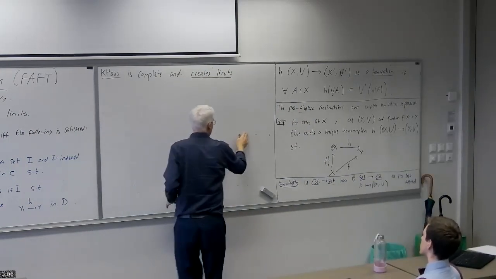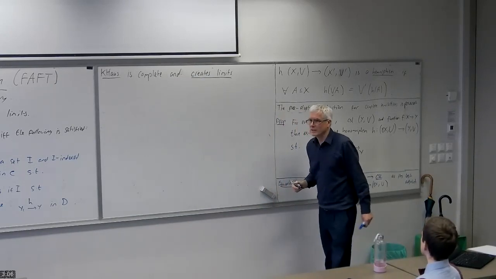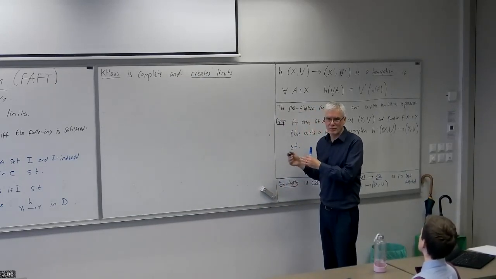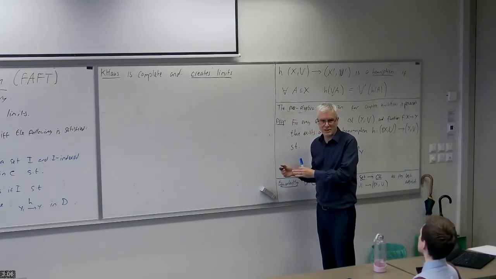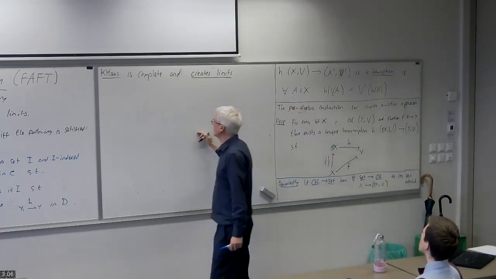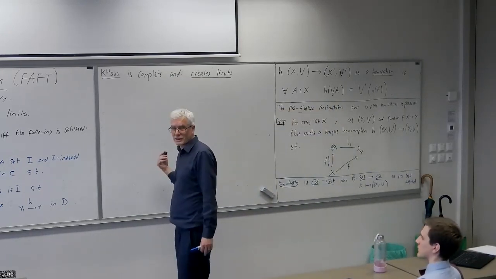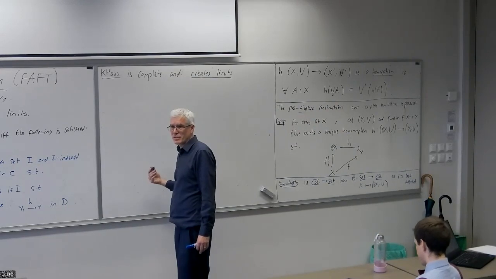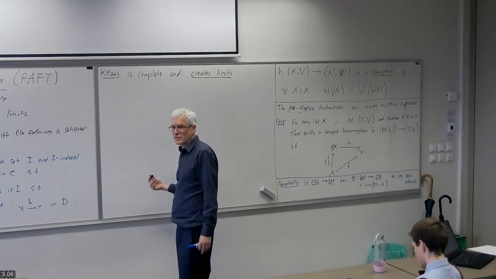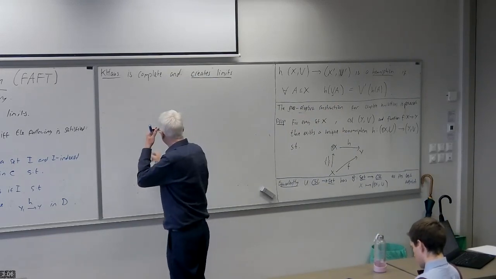I think I shall instantiate the definition just through giving the proof and telling you what I'm establishing. Limits can be reduced to products and equalizers, and I'm just going to do the example of products.